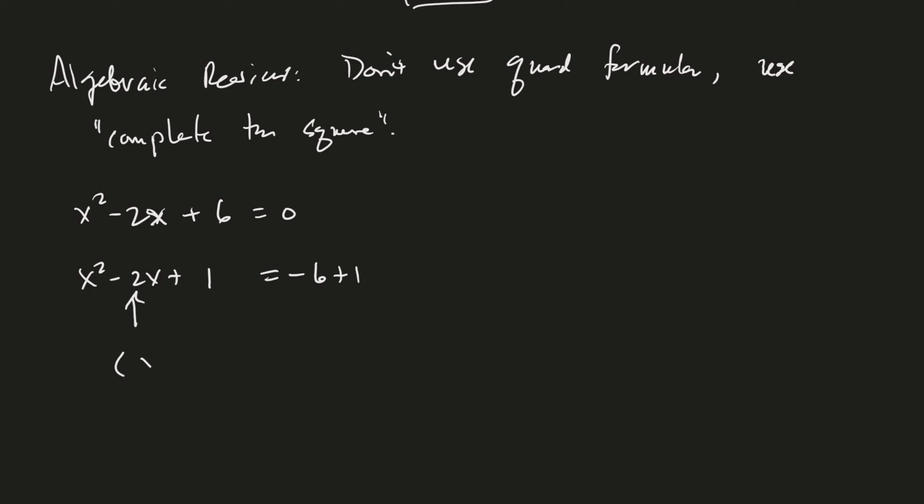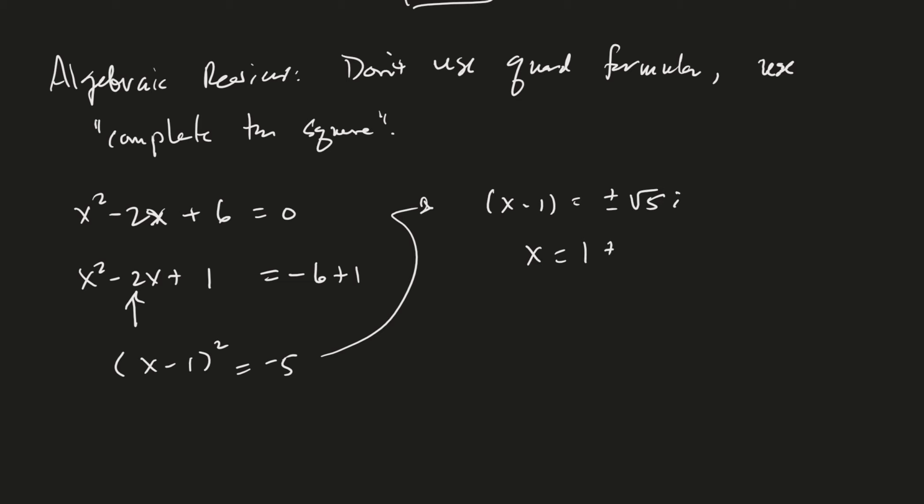And so that makes the perfect square on this side equal to minus 5. And so there you see your complex number, right? So that means that x minus 1 is equal to plus or minus the square root of 5i. And then you see that x is equal to 1 plus or minus the square root of 5i. Good.